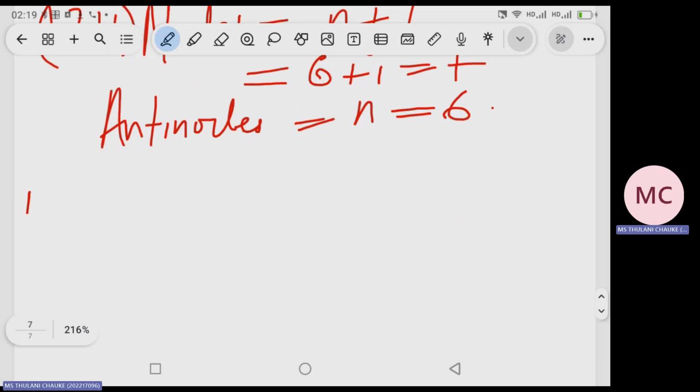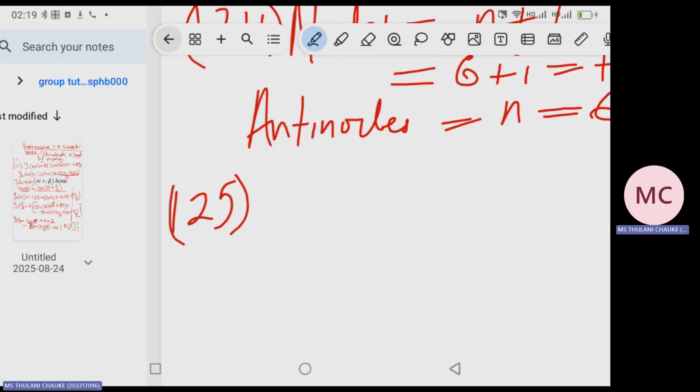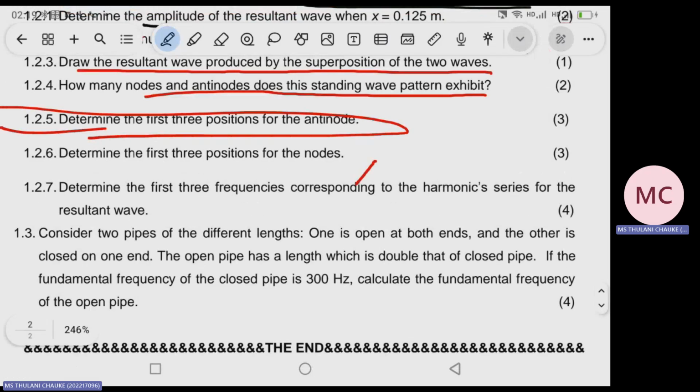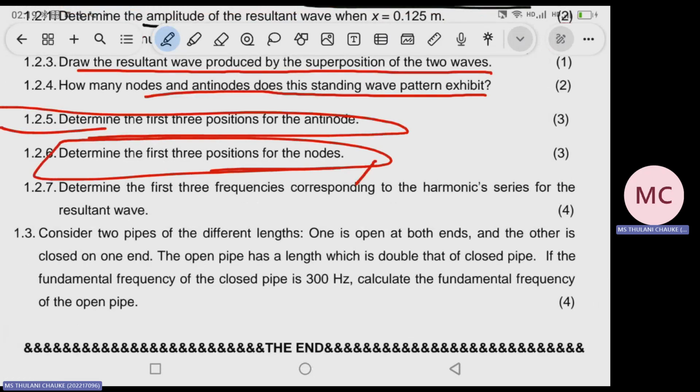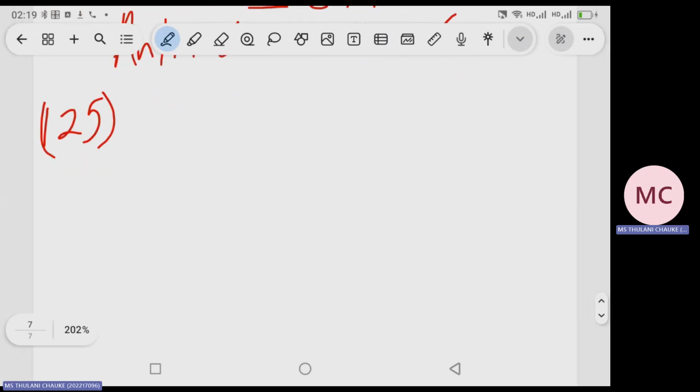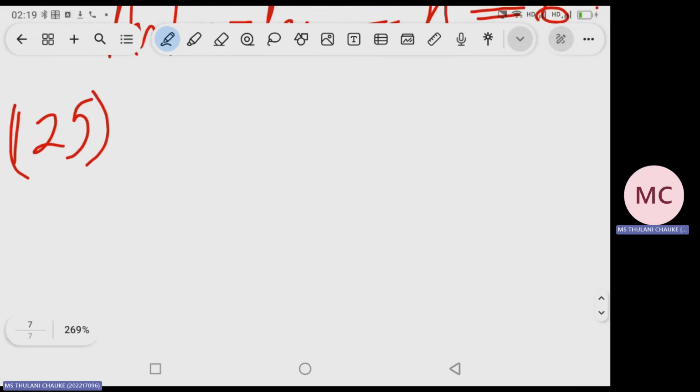Now go to 1.2.5. Let's see what they were asking here. I don't remember the question. Determine the first three positions of the antinodes, and then determine the first three positions for the nodes. Even here, you'll have to know the formula.